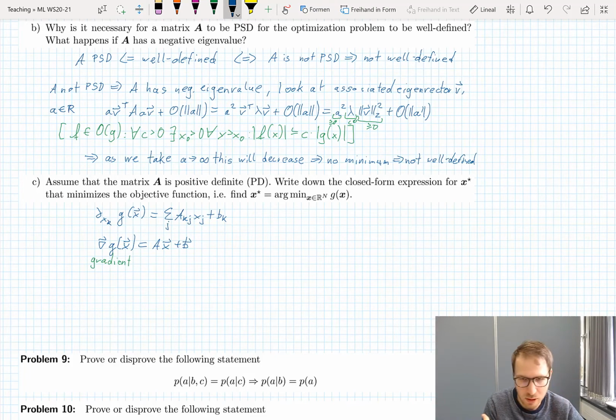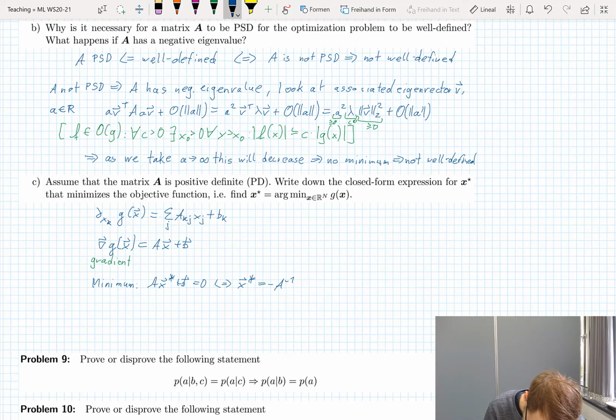Now we know if we're at the minimum, the gradient is 0. So minimum: A x star plus b equals 0. So this is equivalent. We just solve for x. X star equals minus A to the minus 1 b. Great.